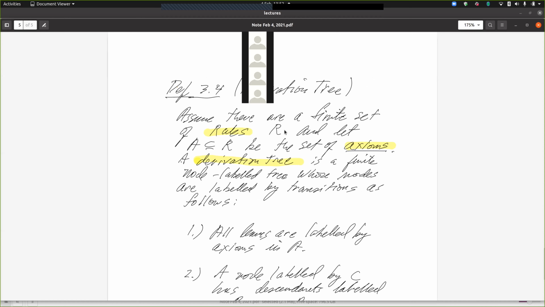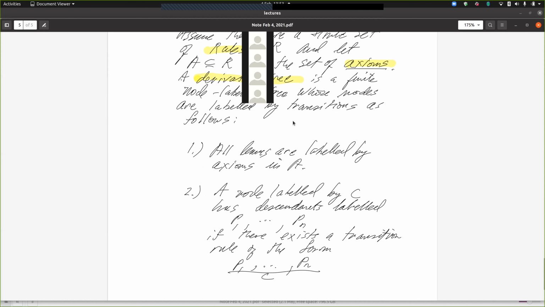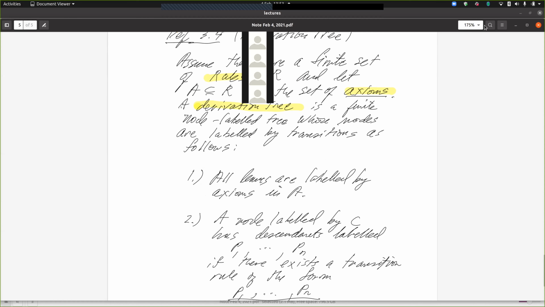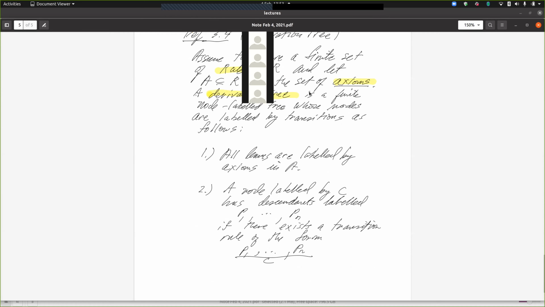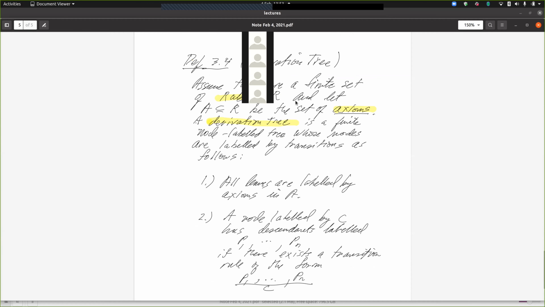But he says a derivation tree, the formal definition of a derivation tree is given as follows. Let me go down just a little bit so we can see the entire definition on one page. So if there's a finite set of rules, and he calls them R, and then we assume that a subset of R is a set of axioms, and those are rules that have no premises.